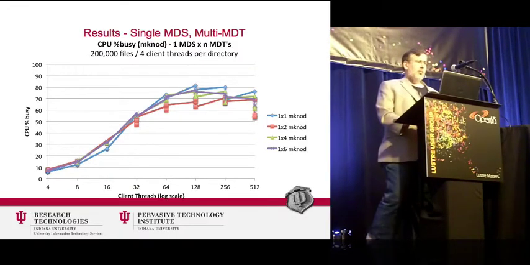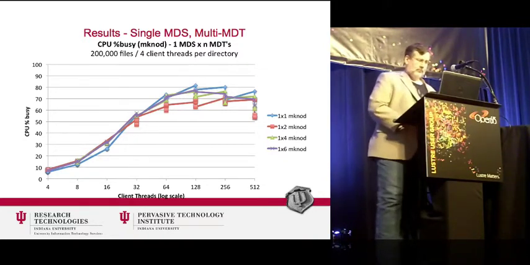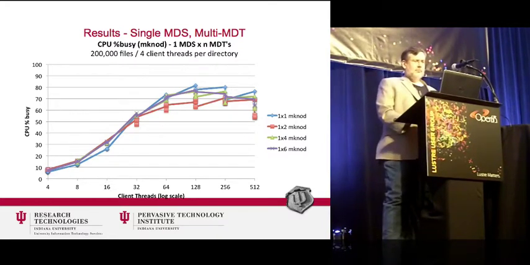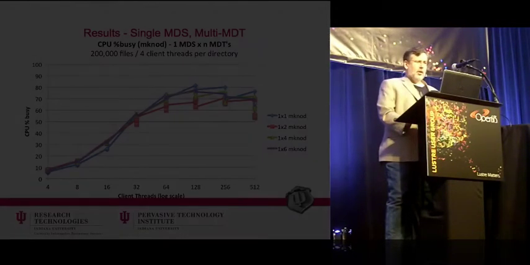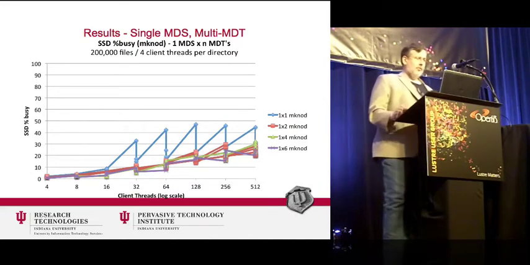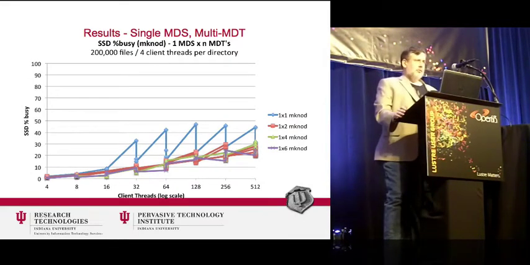Here we have CPU busy. We maxed out at about 80%, and the question in my head is, could we have gone beyond 80% CPU? Then we look at the drive busy stats from iostat.